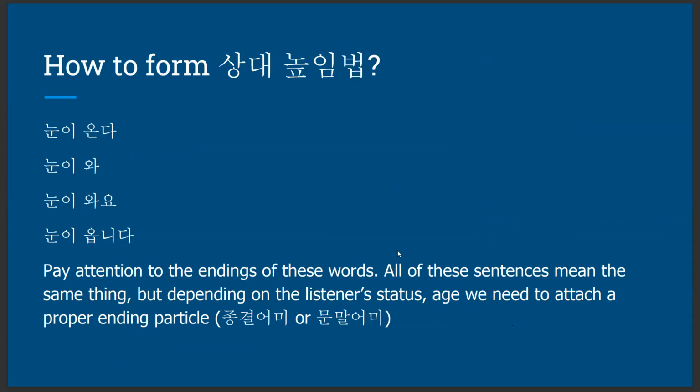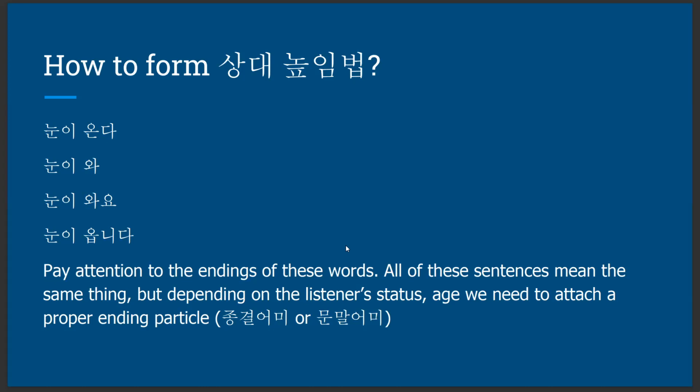So, how to form 상대 높임법? What are the methods to express 상대 높임법? First of all, in Korean, you need to end your sentence with some endings. For example, in English, we say "I go to school." You don't have to attach anything to the verb in order to end your sentence.